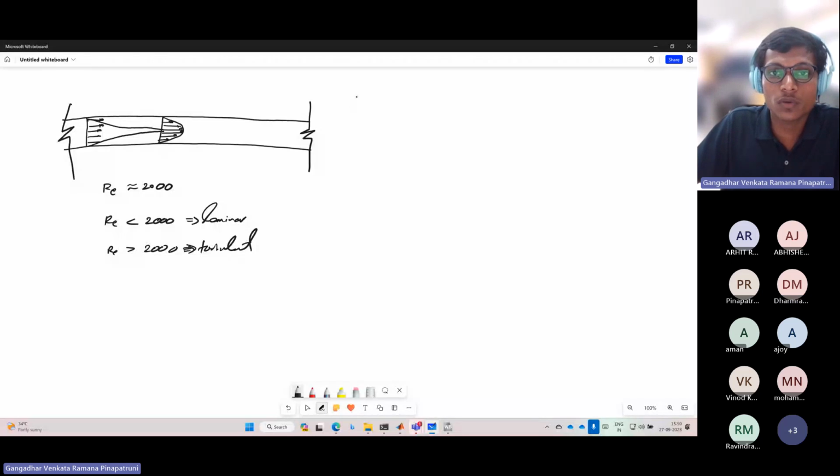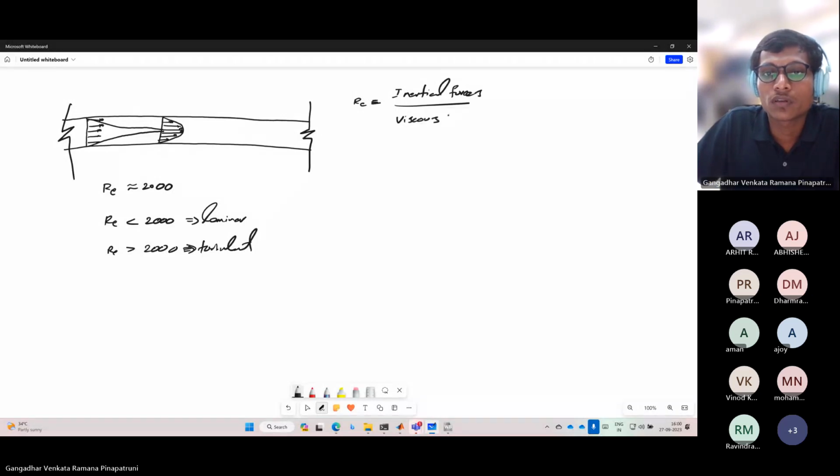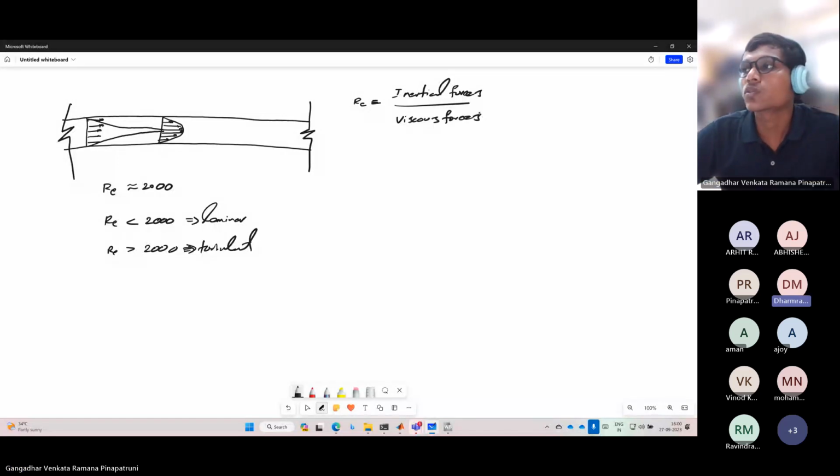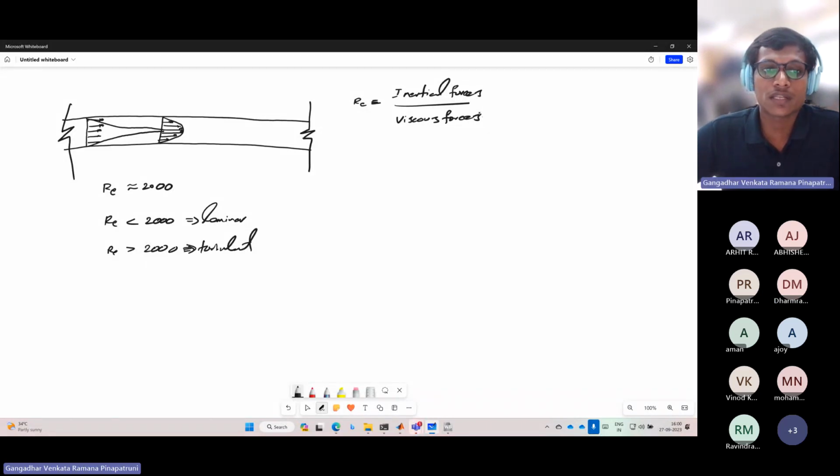So what is this Reynolds number and how are we defining laminar and turbulent? Re is equal to the ratio of inertial forces over the viscous forces. How to understand this ratio of inertial forces to viscous forces? Let me tell you in a simple way.